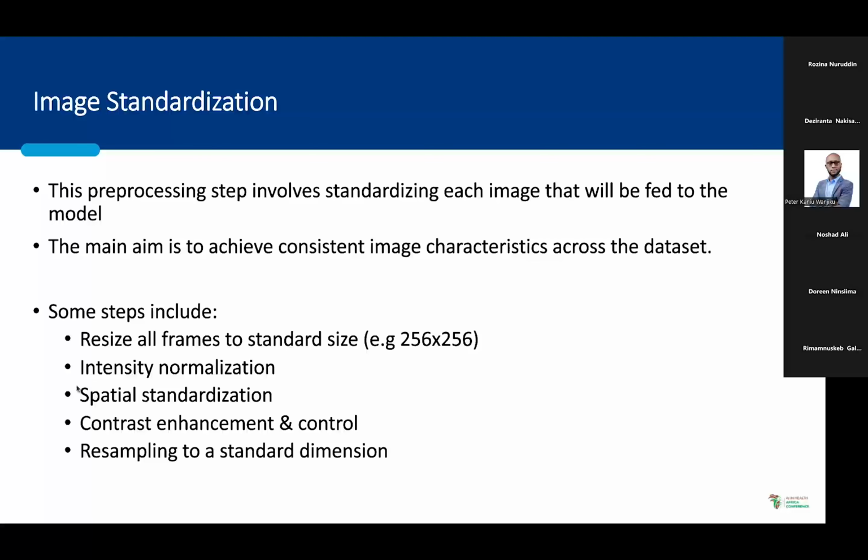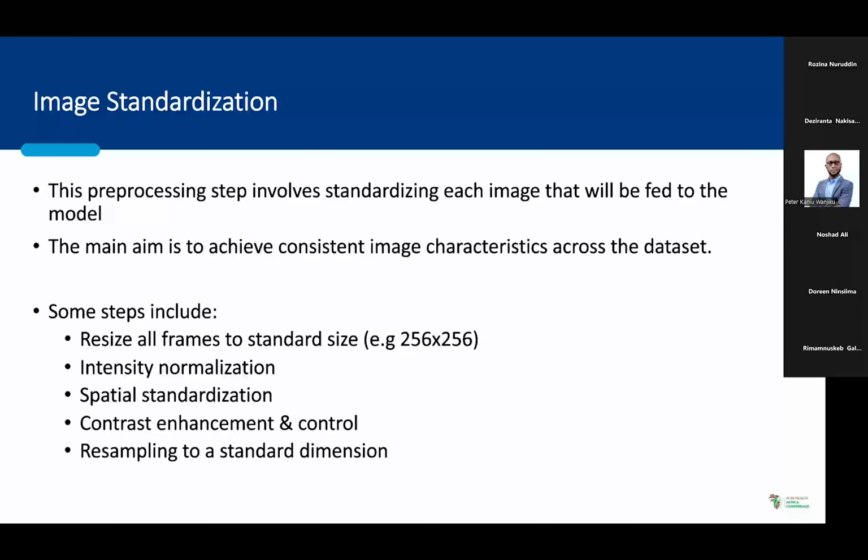And you could also do spatial standardization. You could bring all the images to the same location, maybe the center of the image. Sometimes when the images come out from the devices in DICOM, the ultrasound fan is way on the left, and sometimes it's in the center. You could also increase the contrast if necessary, and you could resample to standard dimensions.